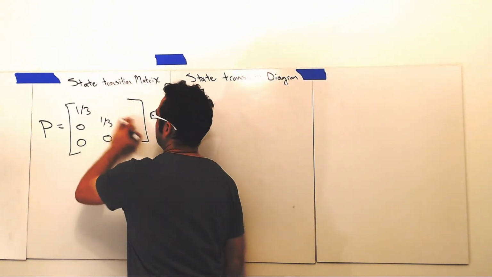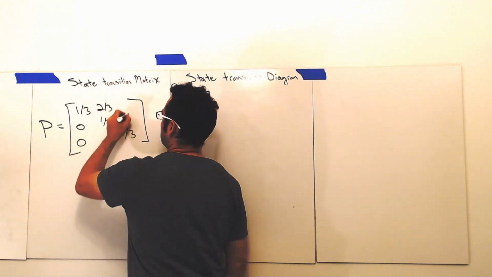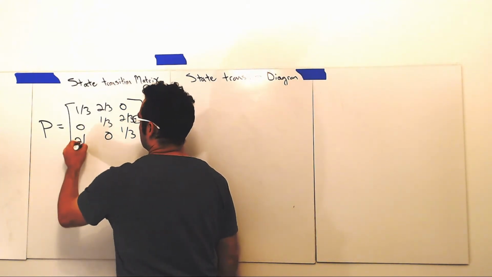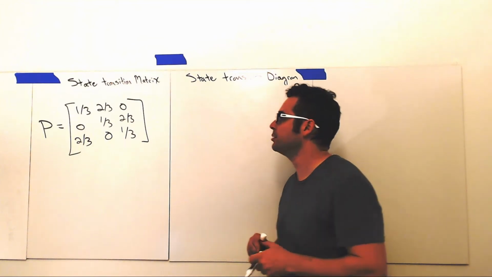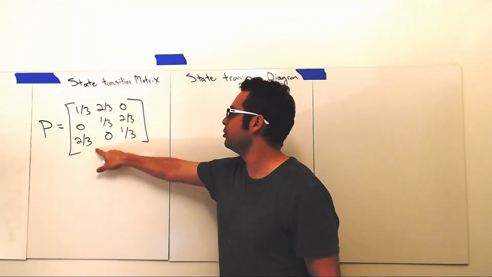Okay. So here goes a quick state transition matrix. We get 1/3, 2/3, 0, 0, 1/3, 2/3, 2/3, 0, 1/3.